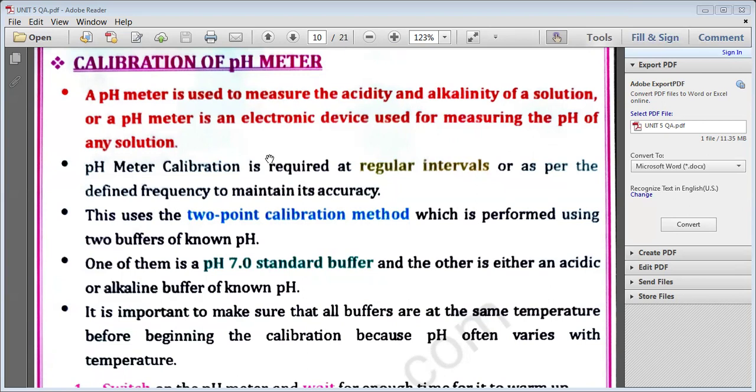So in order to know the actual meaning of calibration, many students give the answer that calibration is nothing but checking the instrument whether it is working properly.